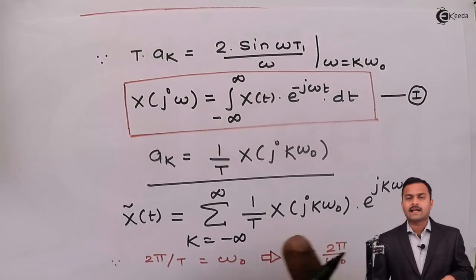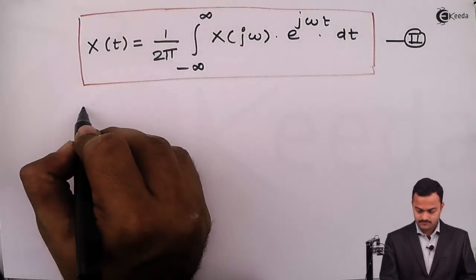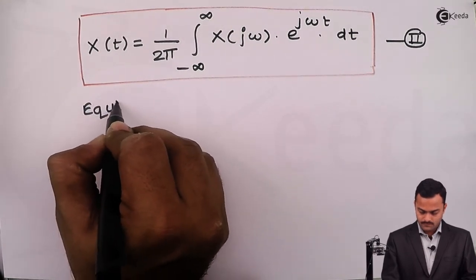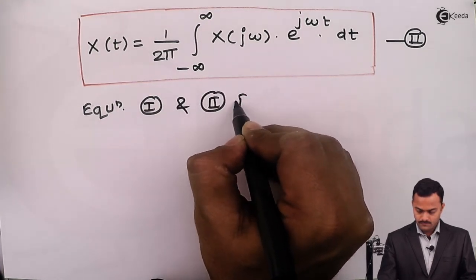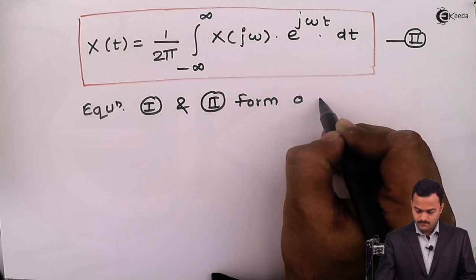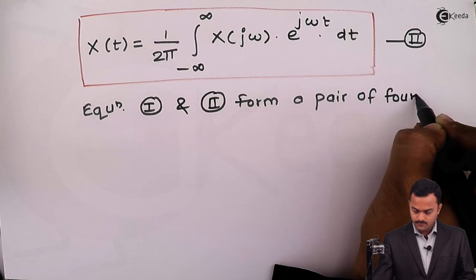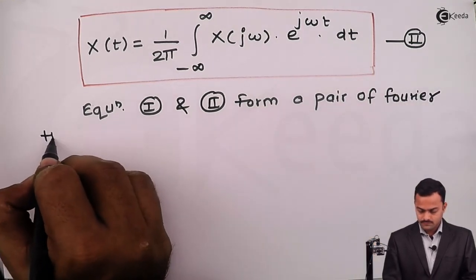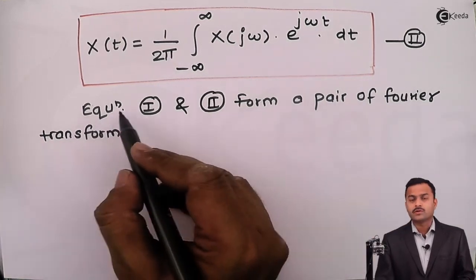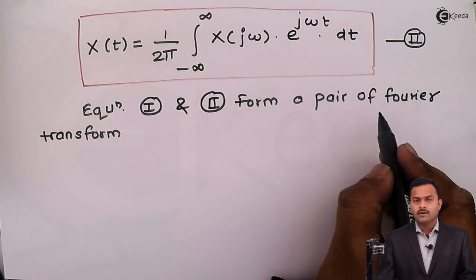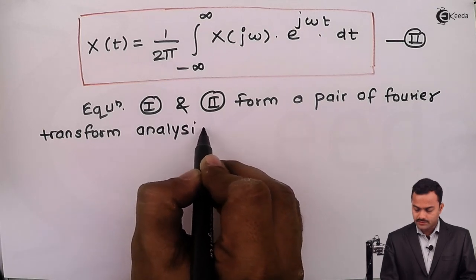These two equations form a pair of Fourier transform, so equations 1 and 2 form a pair of Fourier transform analysis, or you can say a representation.